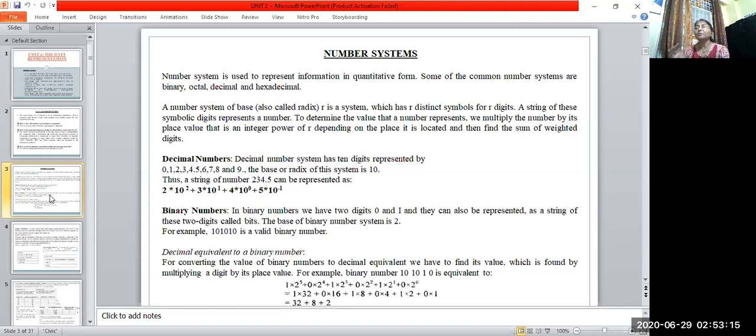So the common number systems which I am going to explain are the decimal number system, binary number system, octal number system, and hexadecimal number system. Because these 4 number systems are somehow related with our unit, related with our computer system.